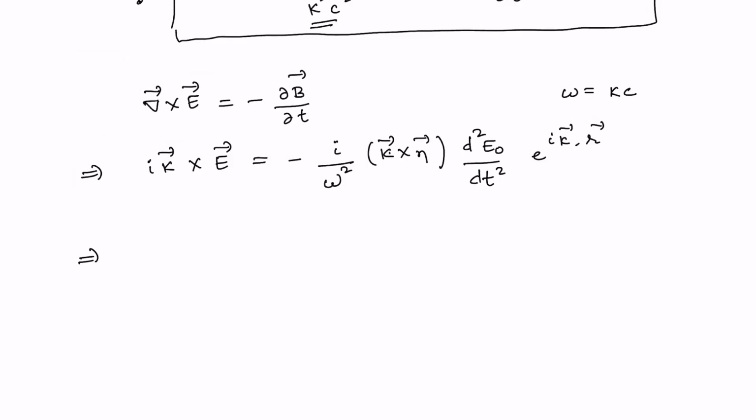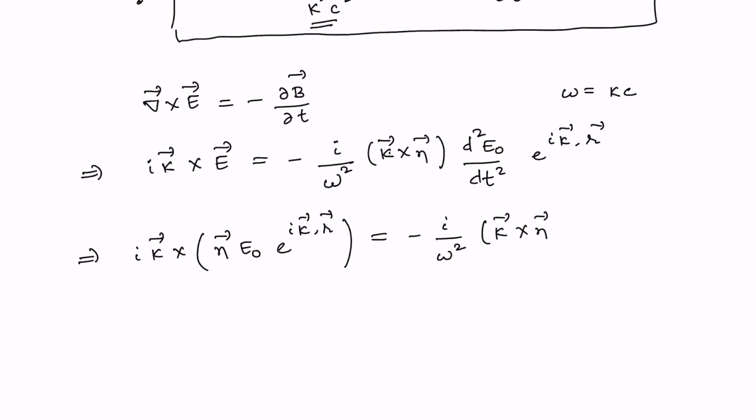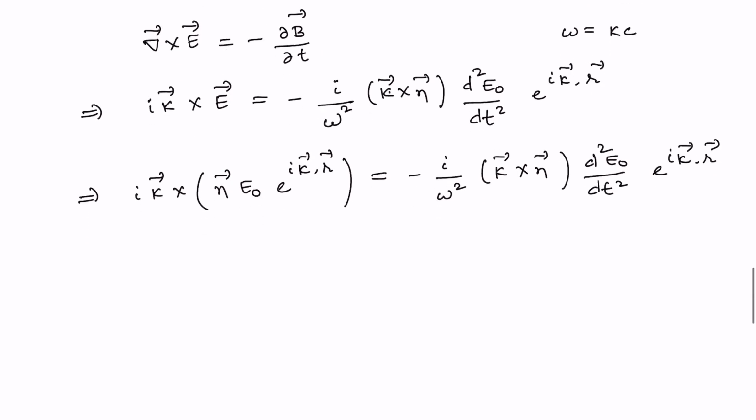Now if I put the expression for the electric field, I have i k cross E is equal to eta E0 e to the power i k dot r, and here I have minus i by omega squared k cross eta d2 E0 dt2 e to the power i k dot r.